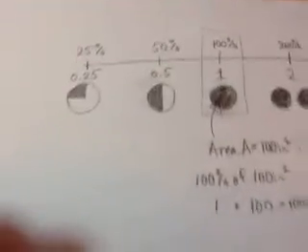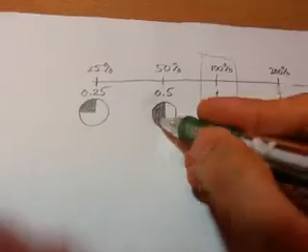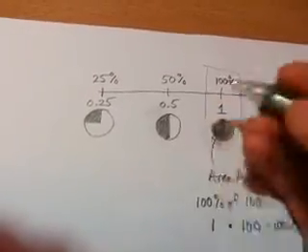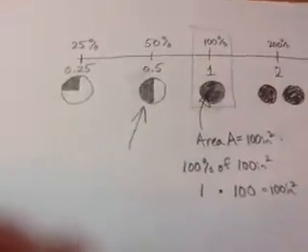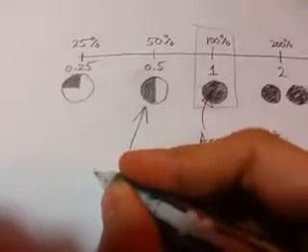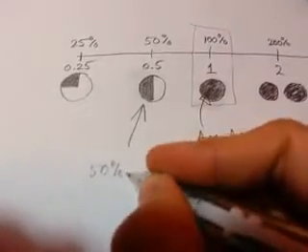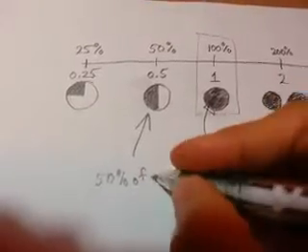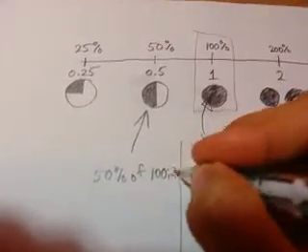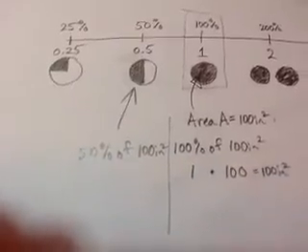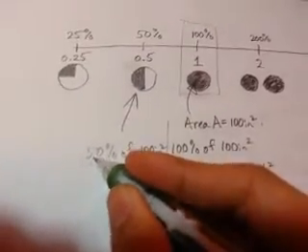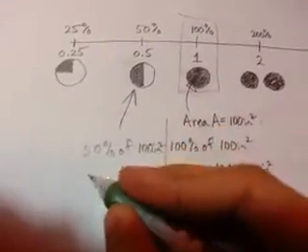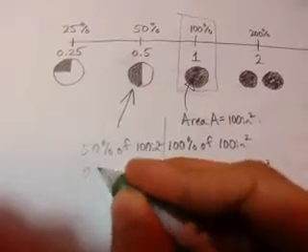Okay, well then maybe let's look at something else. Let's look at this one over here. Say I want 50% of the area, and the area is 100 inches squared. What would I do? I could change the percent into a decimal by shifting the decimal place twice.